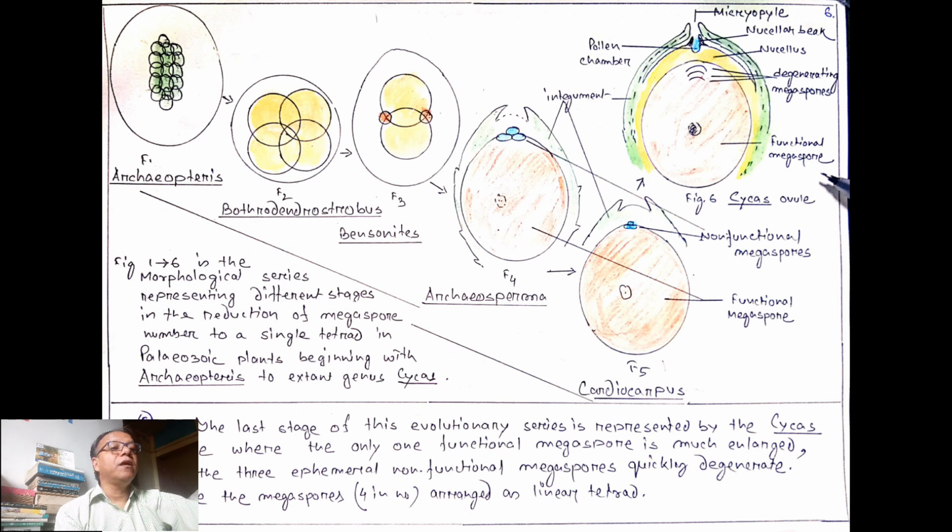But in the last one, only one is functional and the remaining 3 degenerated. Okay. So this is about the role of Progymnosperms in the evolution of Megasporangium. Hope this will help you to study paleobotany, that is the fossil plants.